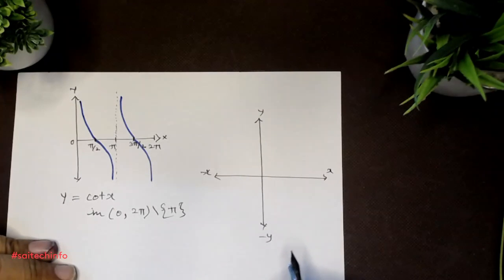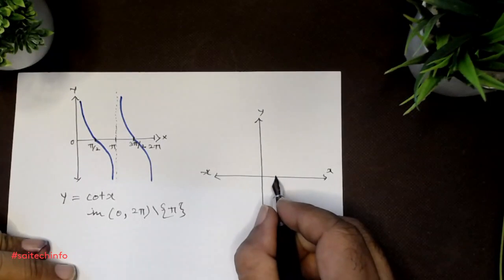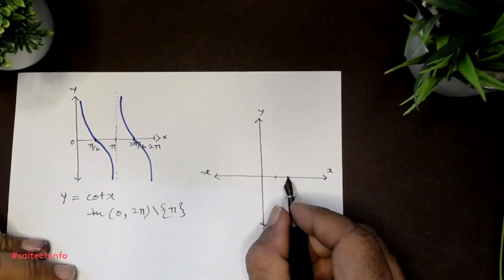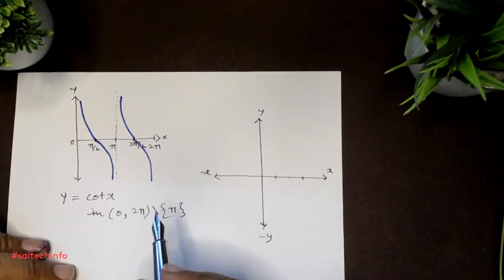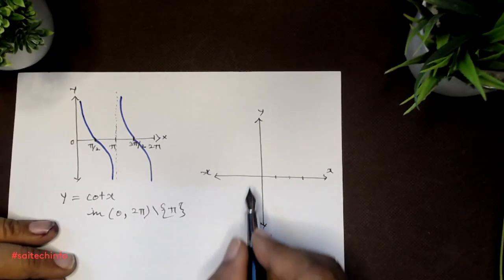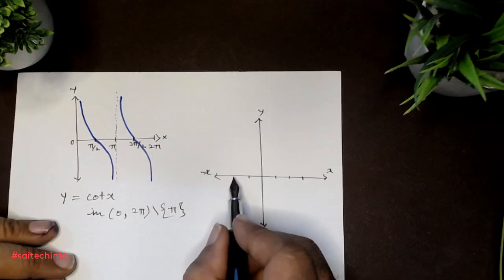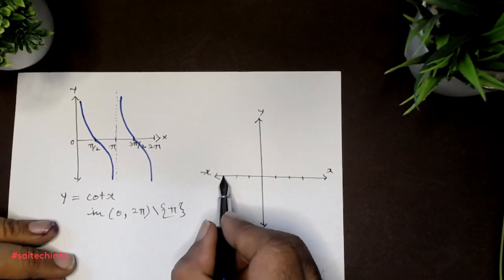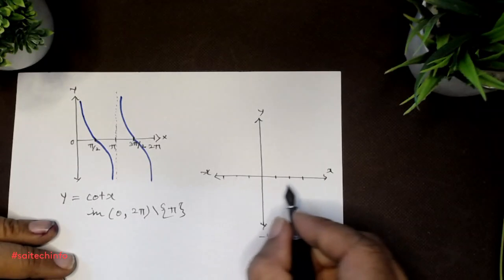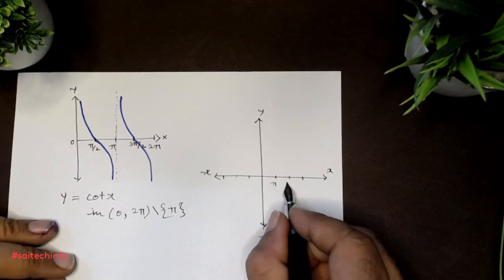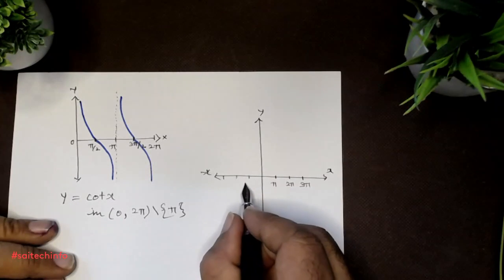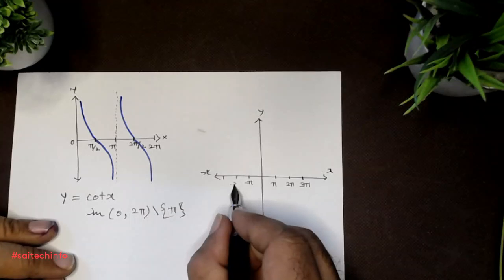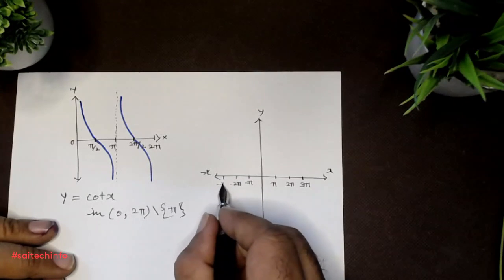Let us have pi, 2 pi, 3 pi, etc. Similarly, we have minus pi, minus 2 pi, minus 3 pi.